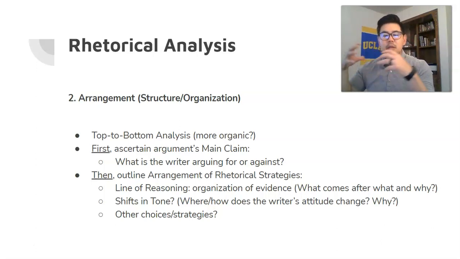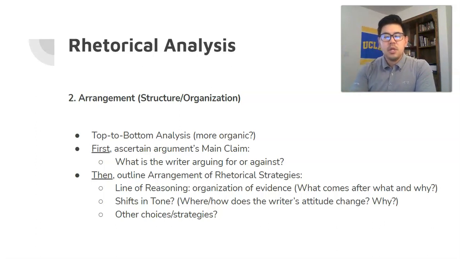You look at the ultimate argument and position of the author, and then you look at how the author develops it using different rhetorical strategies and choices, such as the organization of the evidence, which evidence is presented and why, and is there a shift in tone, or are there other rhetorical strategies?